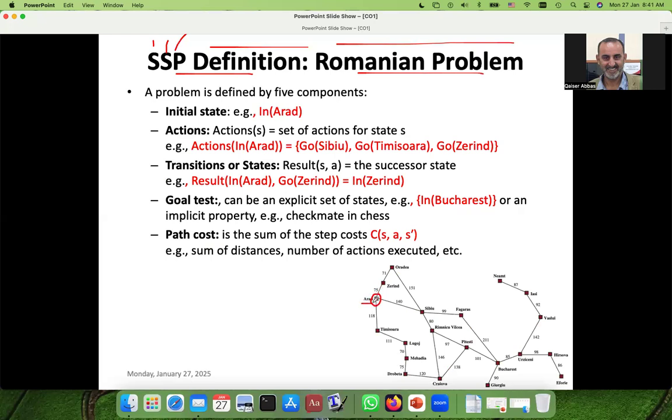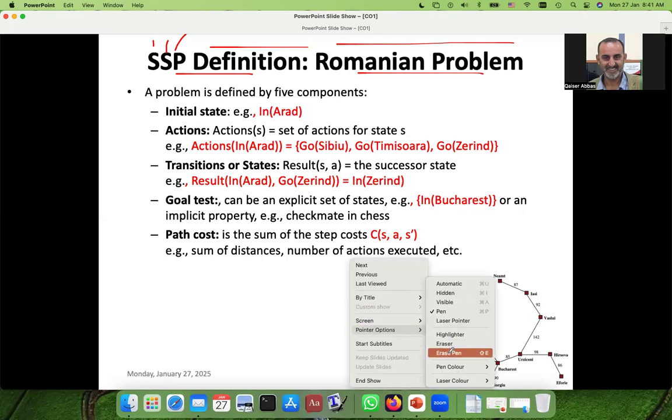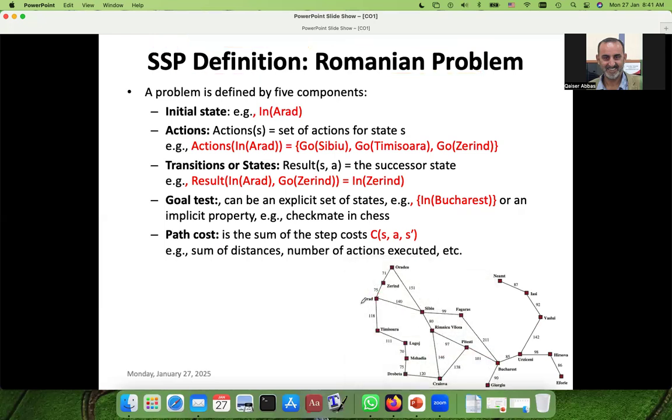This is Arad, and the agent is at this position. The agent has to go from this city to another city, which is Bucharest. This is the goal state in that case study.